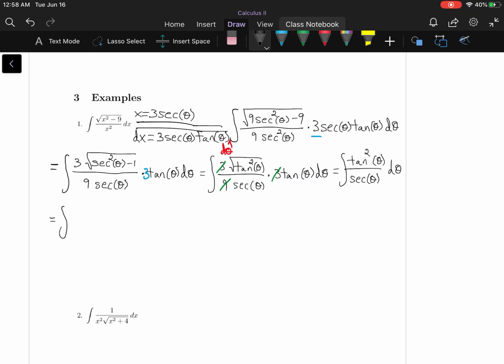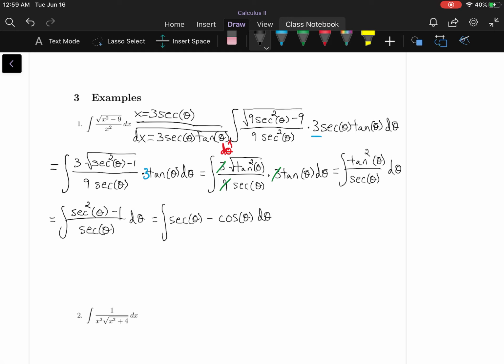So this is going to become secant squared theta minus 1, all divided by secant of theta, d theta. I'm going to divide through, and this is the integral of secant theta minus 1 over secant, but secant is 1 over cosine, so 1 over cosine is just cosine of theta d theta.